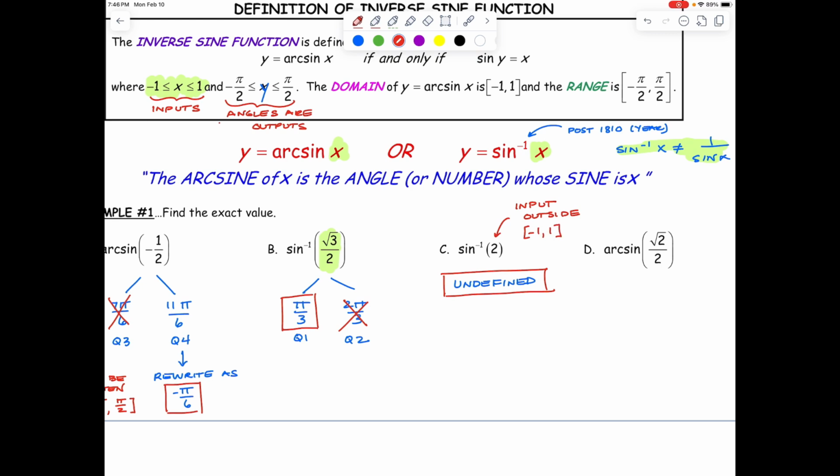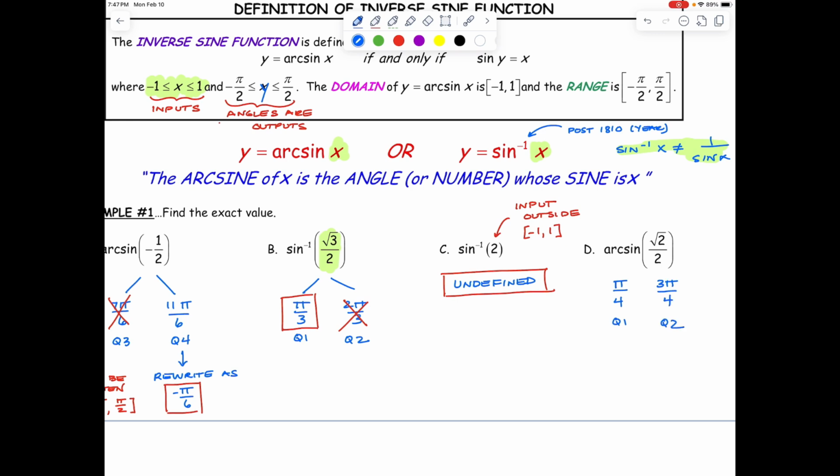And then for D, we have arc sine of √2/2. Again, that's positive, and positive sines are in quadrants 1 or 2. If you remember, that would be pi/4 at 45 degrees and 3 pi/4 in quadrant 2.